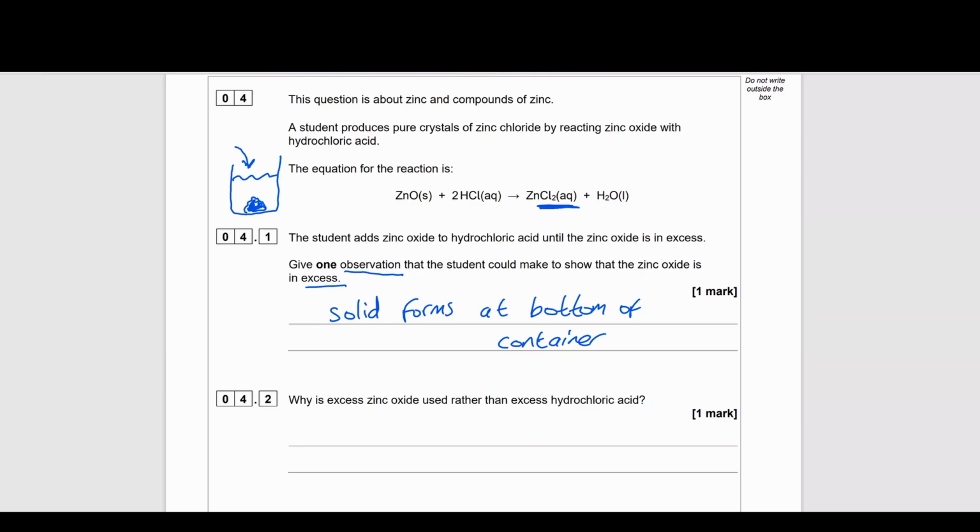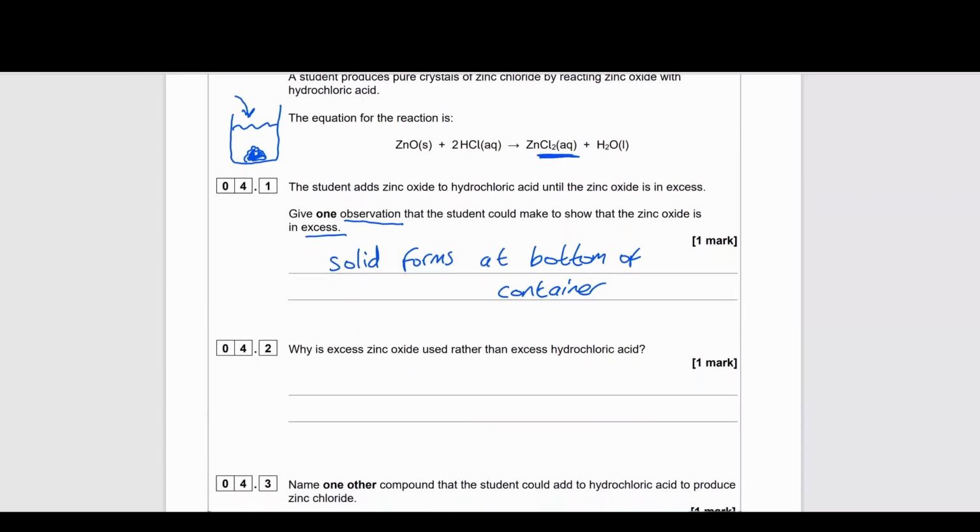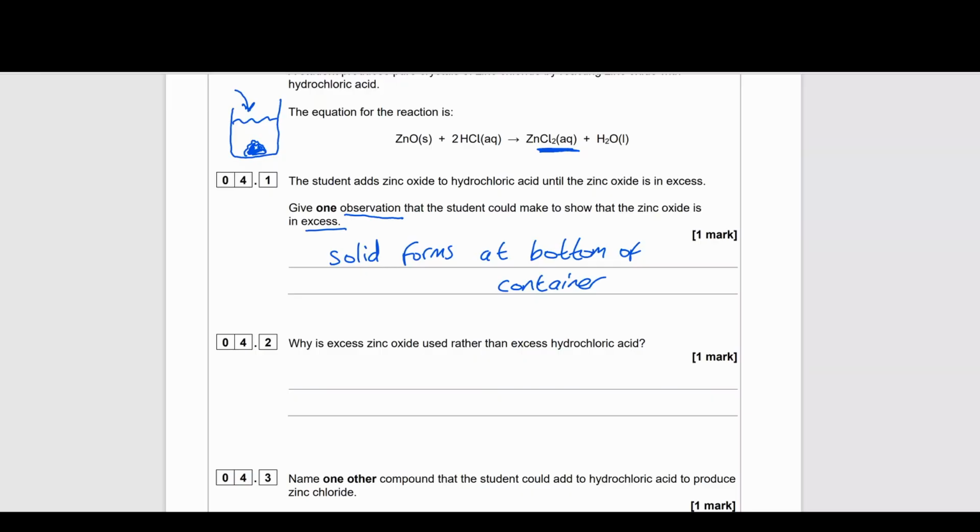So the next thing that we would do logically after we do this, because this is again a required practical for crystallization, the next thing we would do would be to filter it. So if we were to continuously add hydrochloric acid, then we wouldn't be able to filter that properly. We'd have to use a different separation technique to do that. So the reason why we use zinc oxide is because it can be filtered. And if you want to be a bit more careful with your answer, you can say and separate it easier.